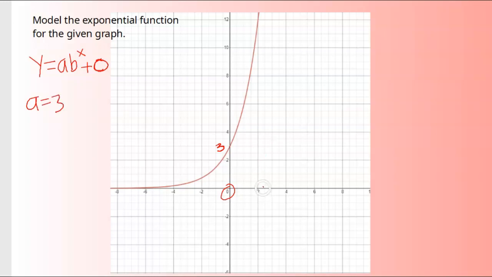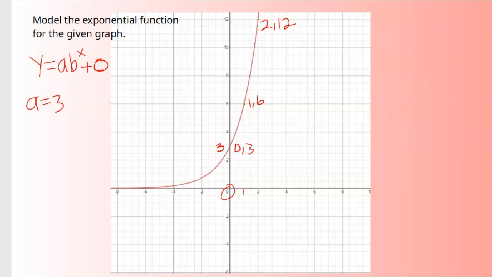Then let's figure out the rate. When x is 1, that gives us 6. So here 1 gives 6, and when it's 2, it's 12, and when it's 0, it's 3.